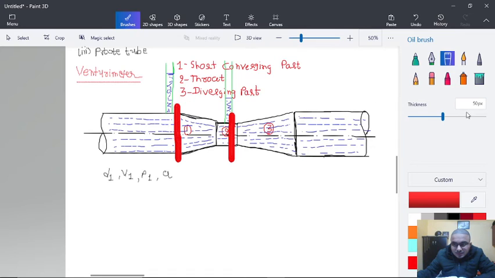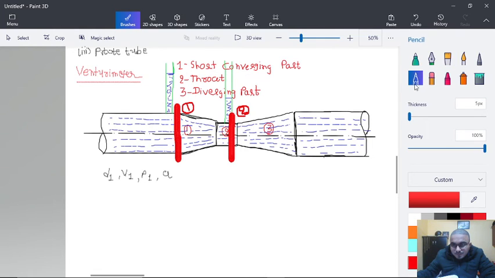So consider this as section 1 and this as section 2 in this case.